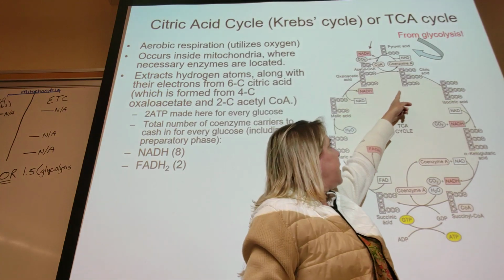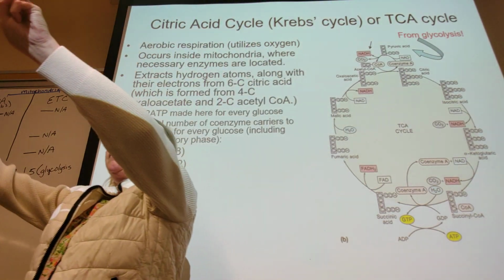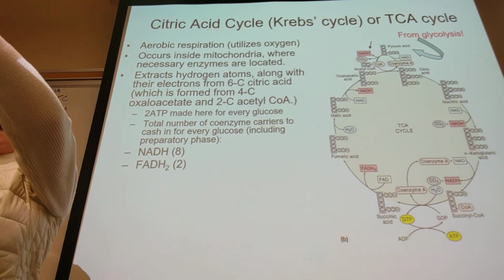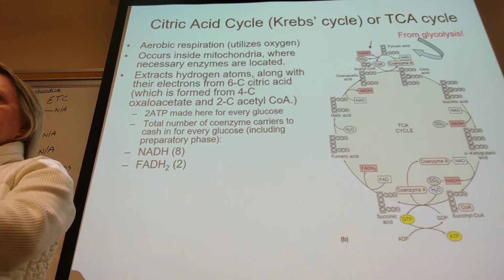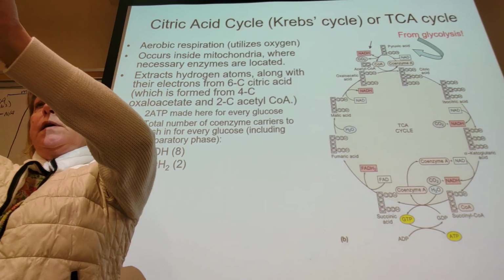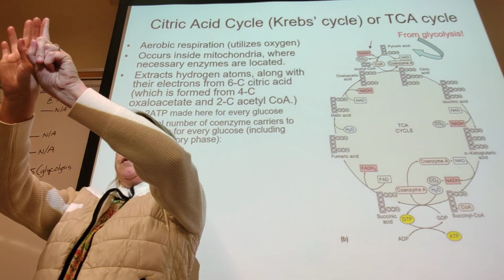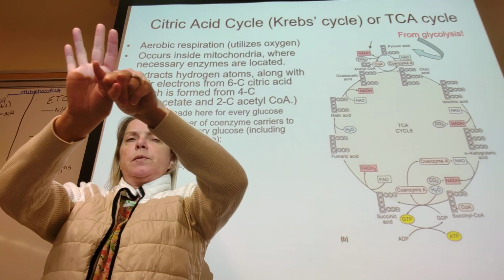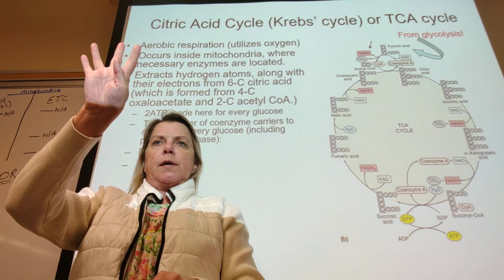1, 2, 3, 4, 5, 6. So 2 carbons attached to the oxaloacetate. And then as that 6-carbon molecule goes around the merry-go-round, as I like to call it, you have 1 carbon removed, and then another carbon with hydrogen ions also removed, and you restore the oxaloacetate.